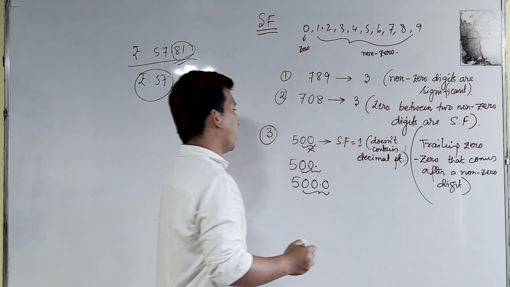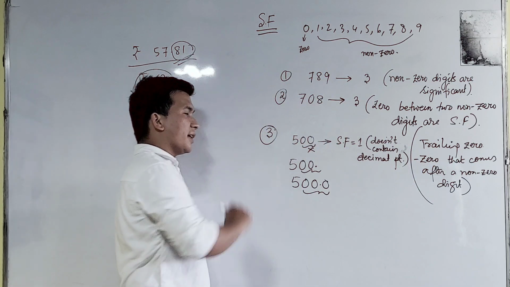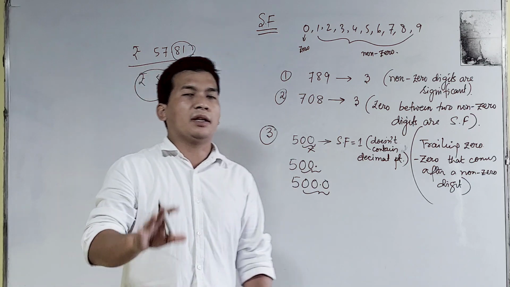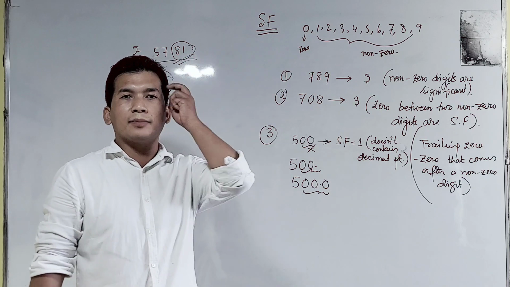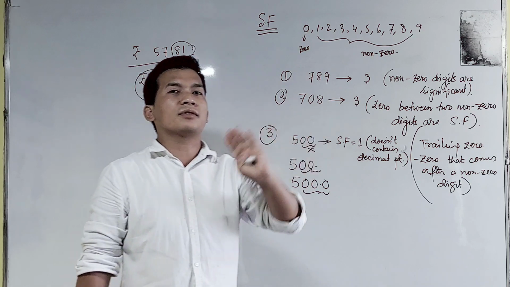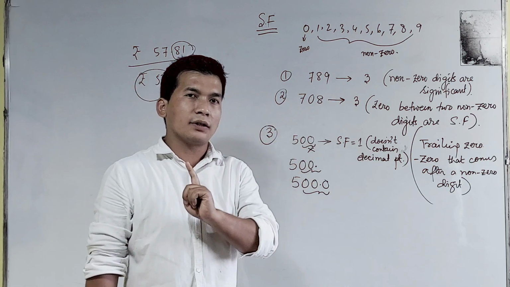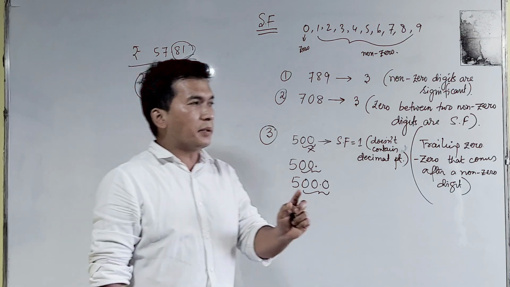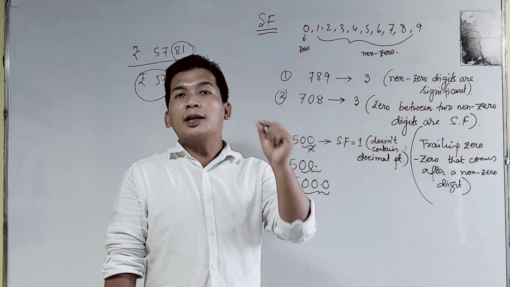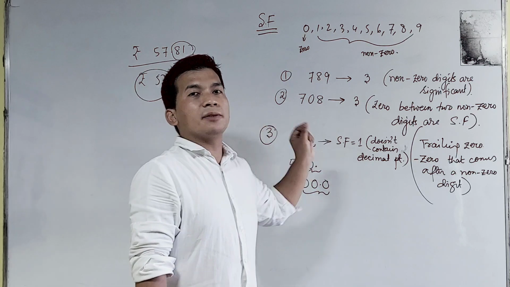Similarly, next we go for the second example. We have this decimal point. If there is a decimal point, all the trailing zeros will be counted. Is that understood or not? Trailing zeros will be considered as significant figures if there is a decimal point.